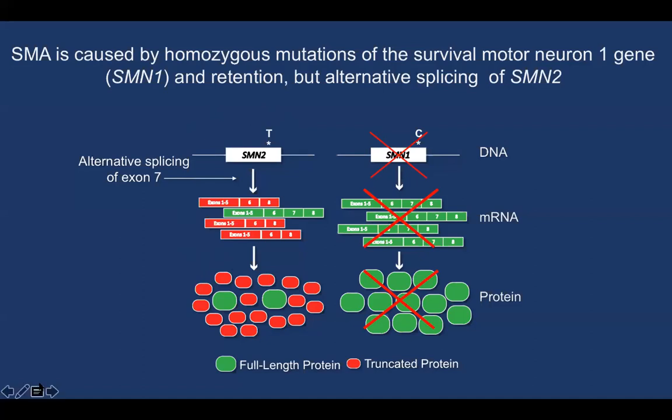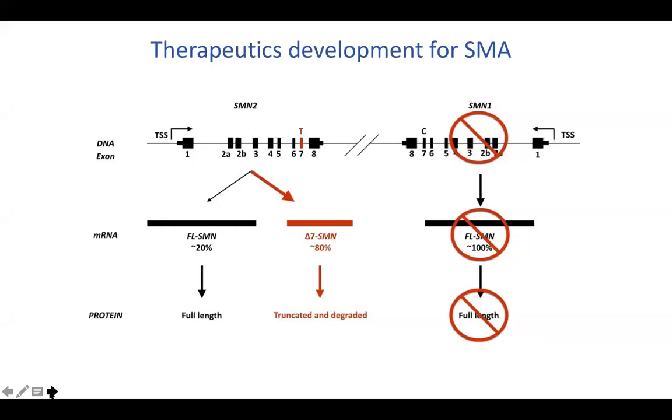But first pass, it seems clear that one approach at least is to replace SMN1, and that is exactly what happened with the AAV approach that now a lot of companies are building on for other disorders.